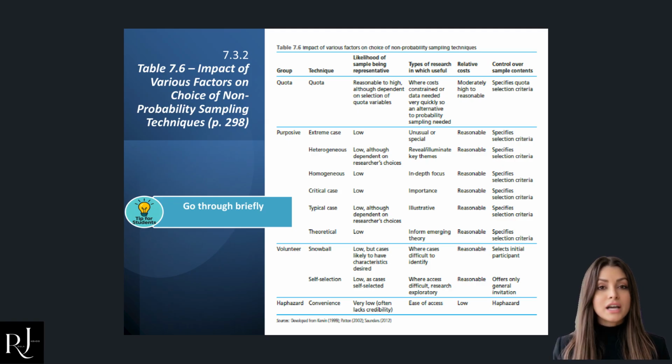For example, purposive techniques give the researcher high control over who is included, while snowball sampling relies on the participants' networks. Use this table as a quick reference when you need to justify why a specific non-probability method is the most feasible for your qualitative study or your pilot project.